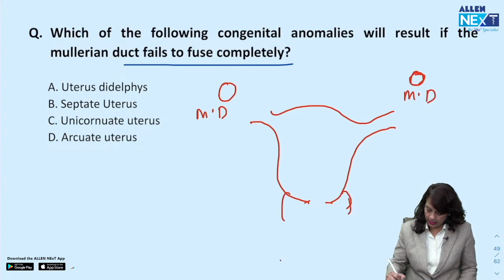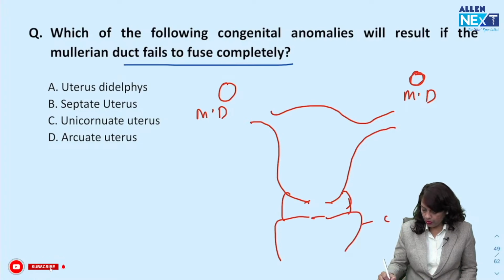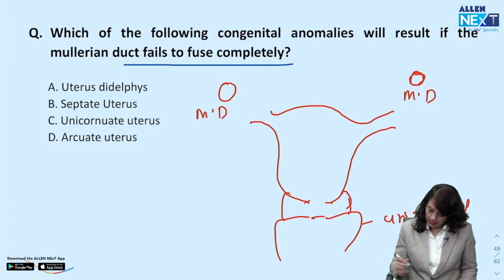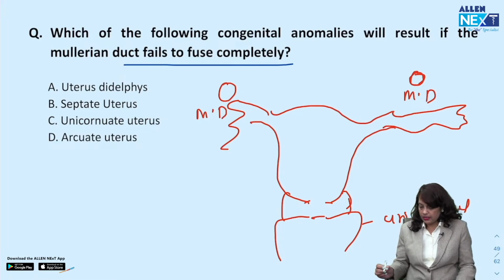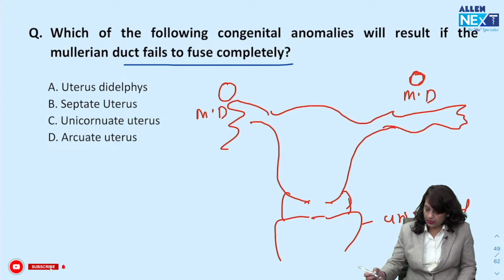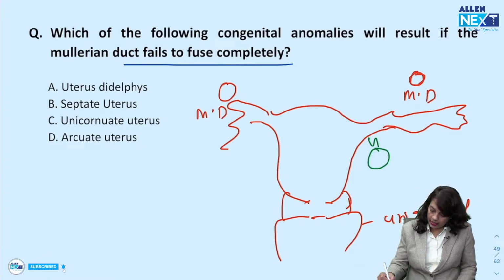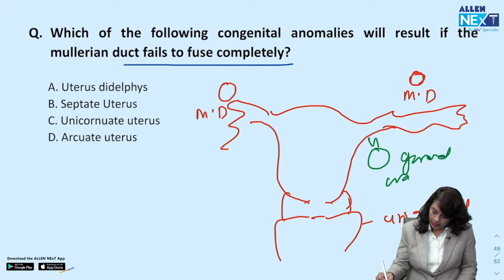Lower portion of vagina arises from urogenital sinus. So these Mullerian ducts have formed half uterus, cervix, fallopian tubes, and ovary is the gonad.